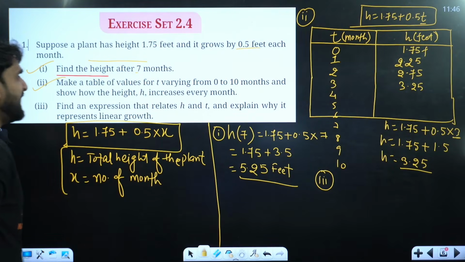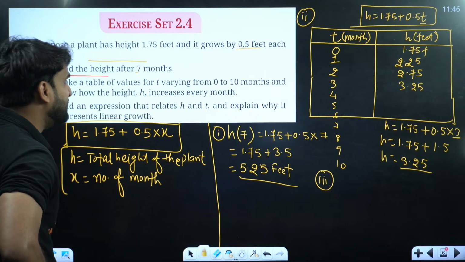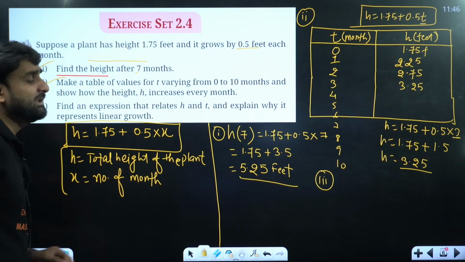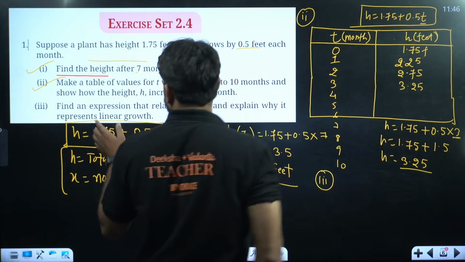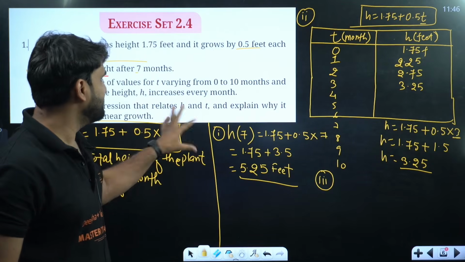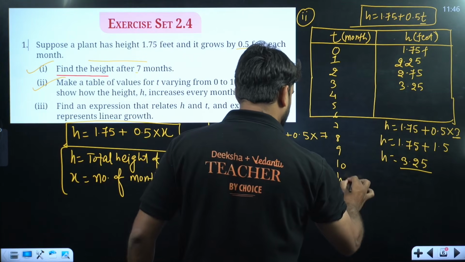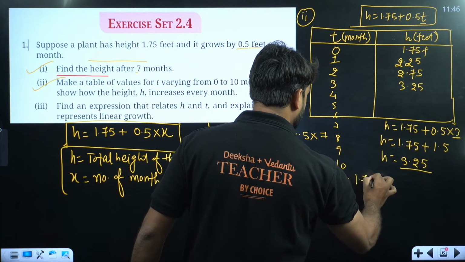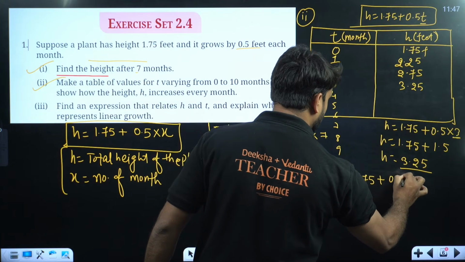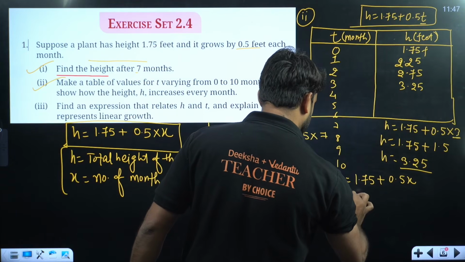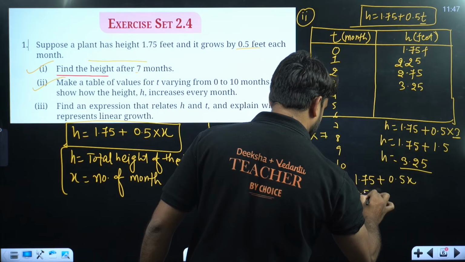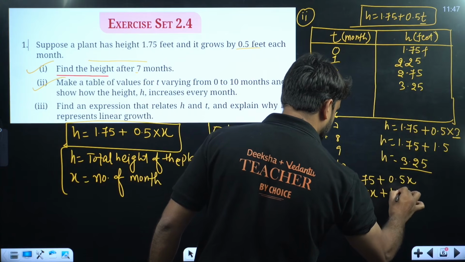Find an expression that relates h and t and explain why it represents linear growth. Find an expression that relates h and t. Perfect. So h will be equal to 1.75 plus 0.5x, and we can also write this equation in this format: 0.5x plus 1.75.